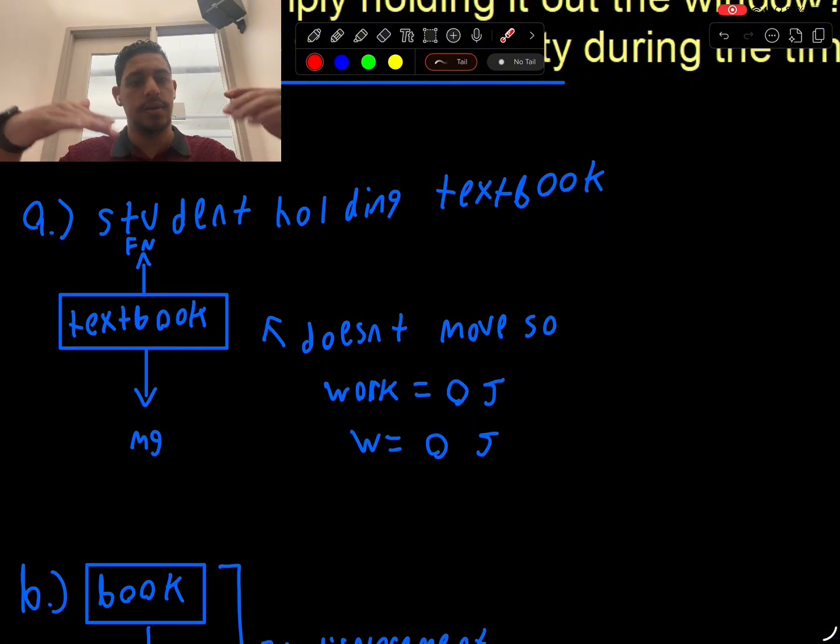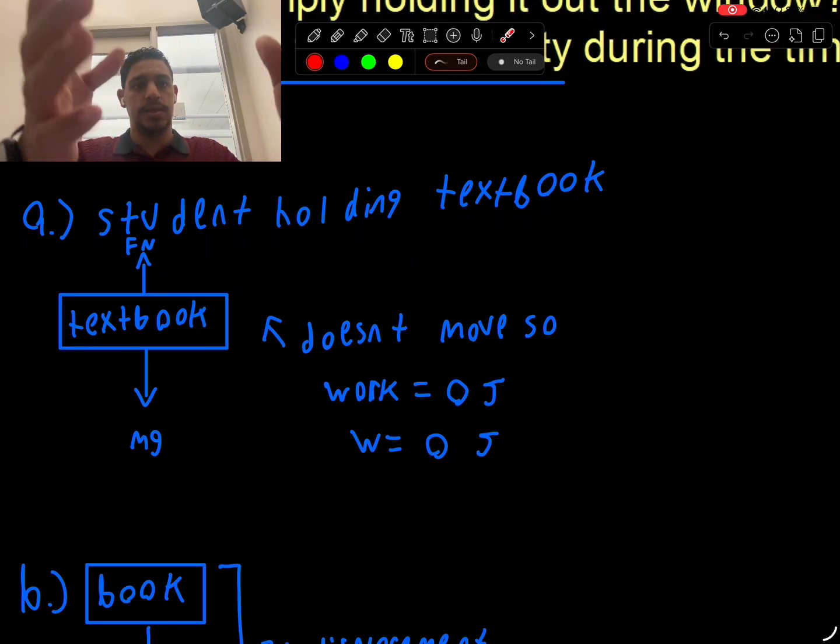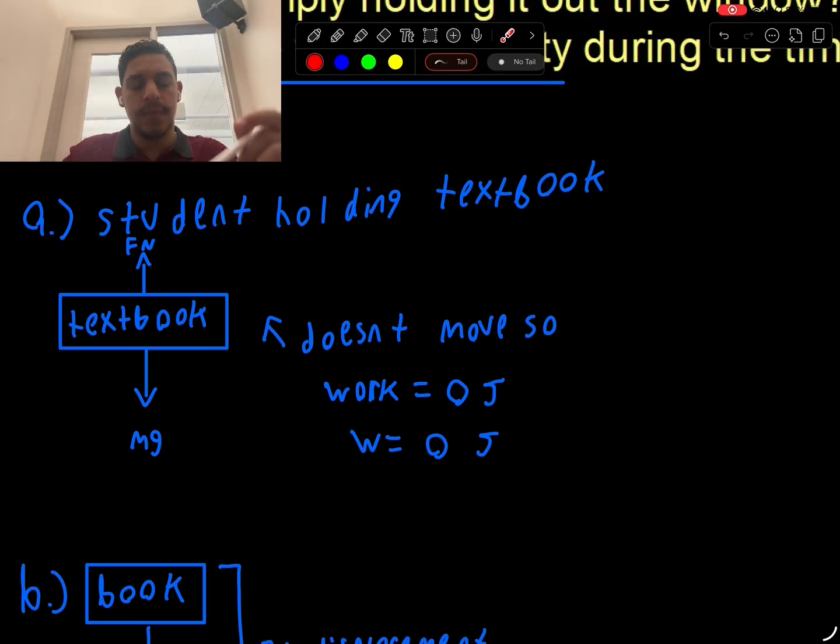It's just sitting there. So even though there is a force being applied by gravity because it has some weight, it's in equilibrium. mg is equal to Fn. These two are the same. So nothing's happening. If it's not displaced at all, then your work is 0. Okay.